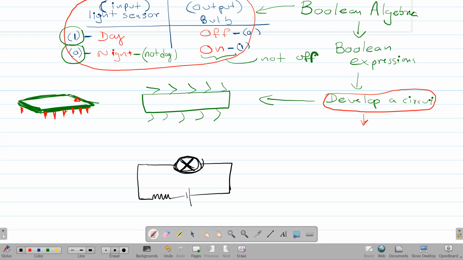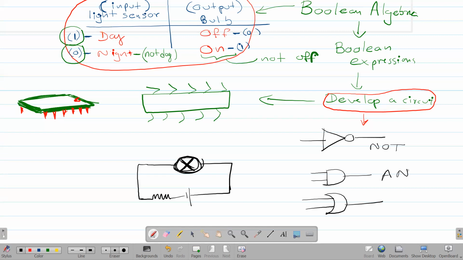Likewise, when we are developing the circuit in Boolean algebra, we have to use different kinds of symbols. Some symbols are like this. Some are like this, right? Some are like this. They have some names as well. This is called NOT, this is called AND, this is called OR, right? Some funny names are there.